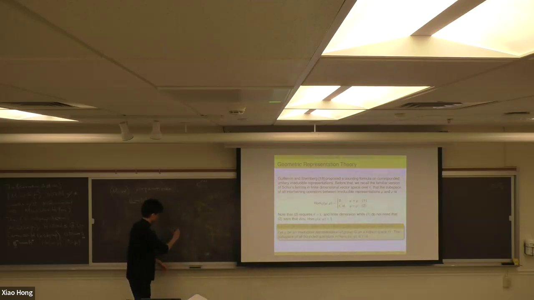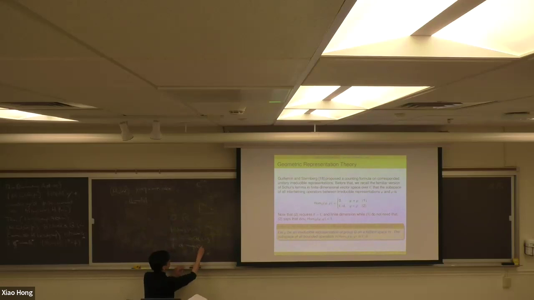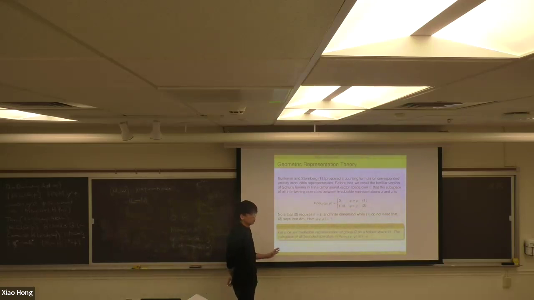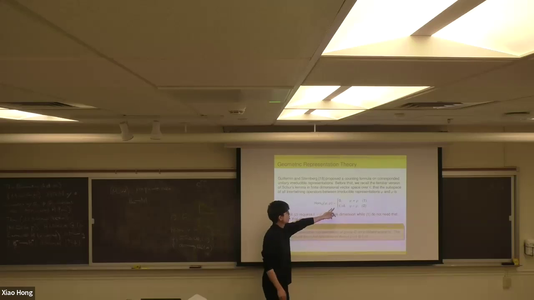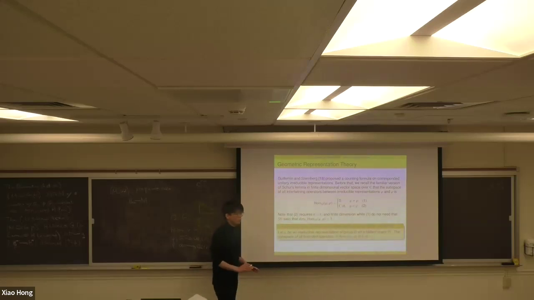We can write these two representations as homomorphisms from G to the general linear groups of V and W. And this collection of all of the intertwining operators is actually a subspace of the homomorphisms between V and W. And Schur's lemma says that this subspace is zero if these two irreducible representations are not equivalent.